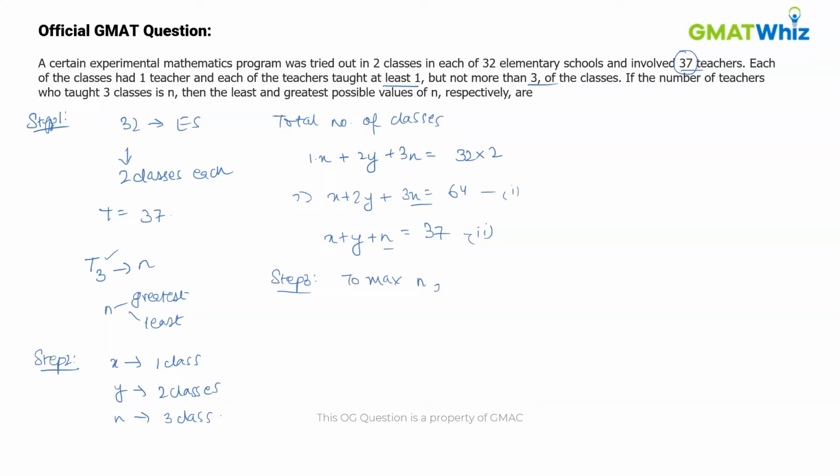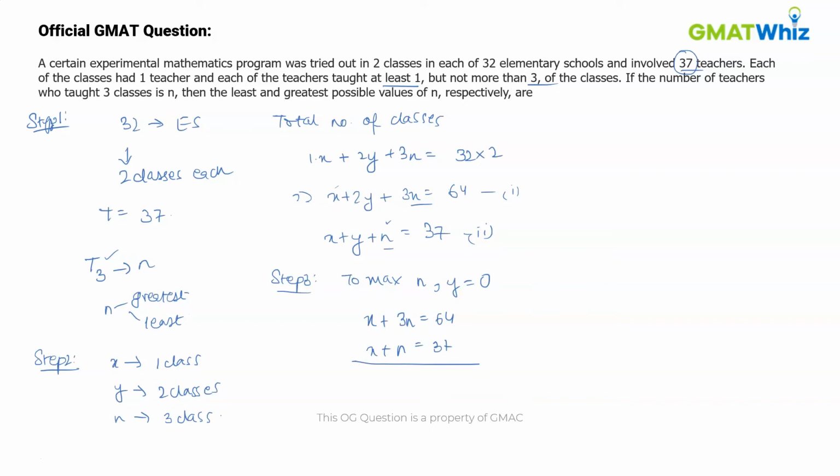Since every teacher has to take at least 1 class and we have to maximize the value of n, the only option is to minimize y. Now y can be minimized if y is taken as 0. Substituting y equal to 0 in both the equations, we get x plus 3n is equal to 64 and x plus n is equal to 37.